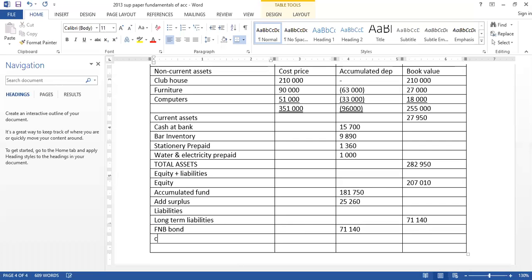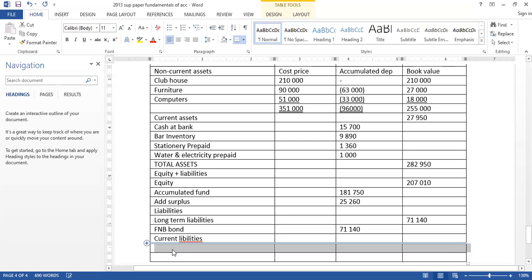And then we move on to our current liabilities. What current liabilities do we have here?